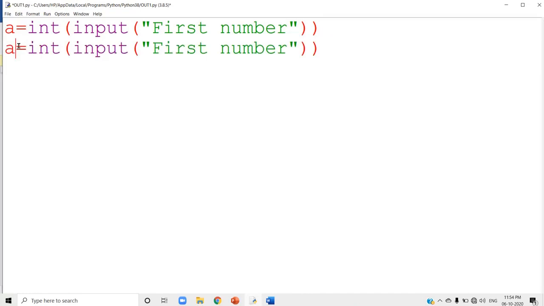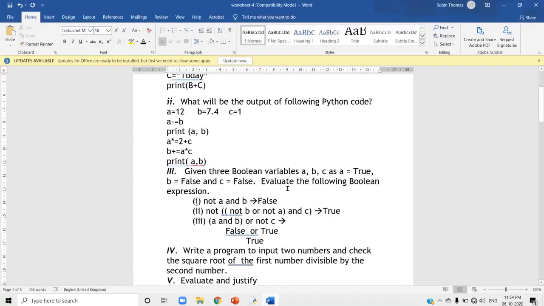Second number is in the variable B. Now we have to find out whether the square root of the first number is divisible by the second number. What is that question? Square root of the first number divisible by second number.